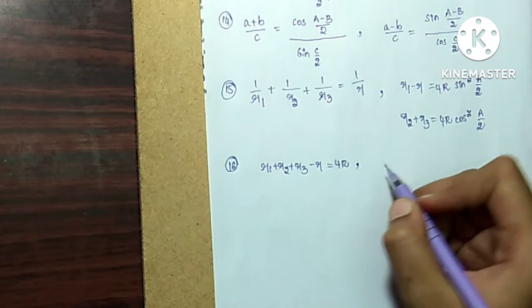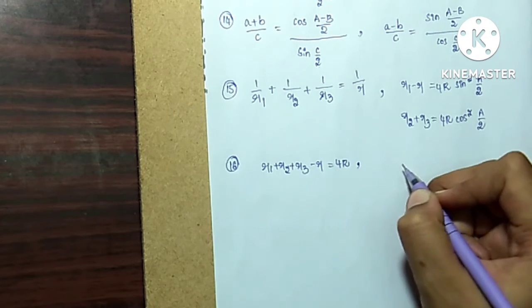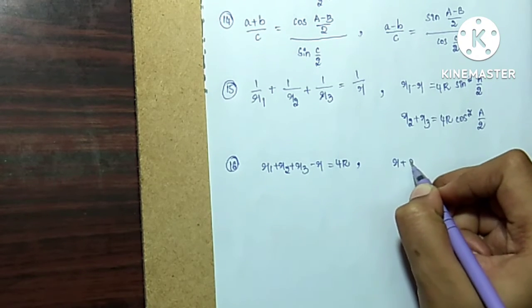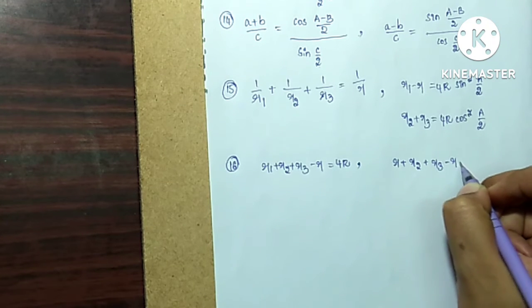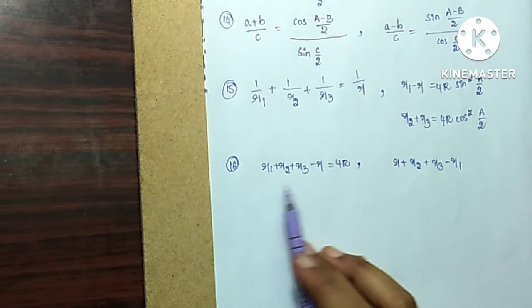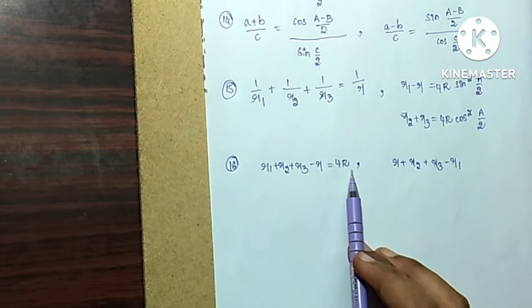Okay, we will continue our class. So r plus r2 plus r3 minus r1: first we subtracted r, then we get 4R.